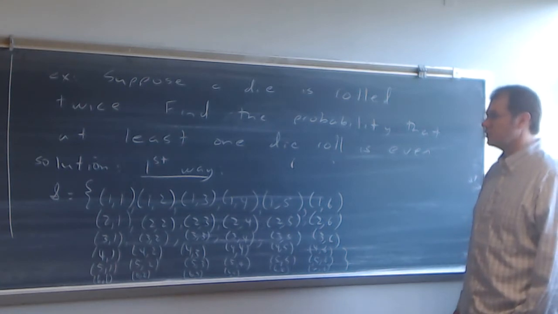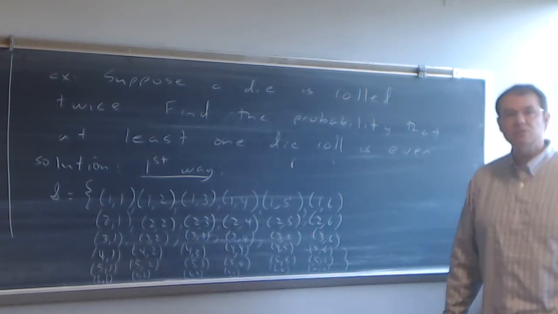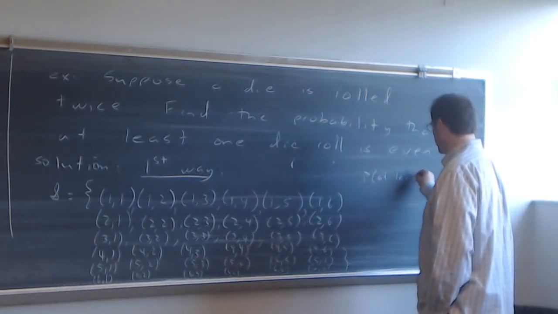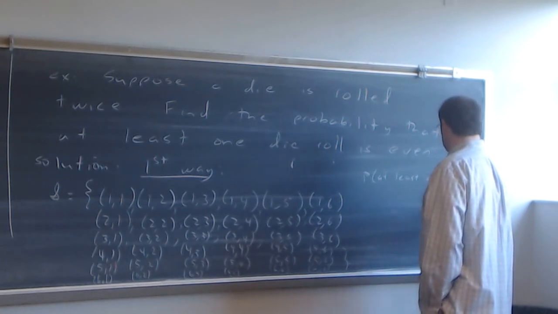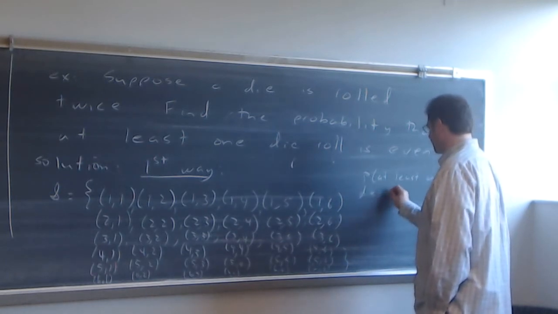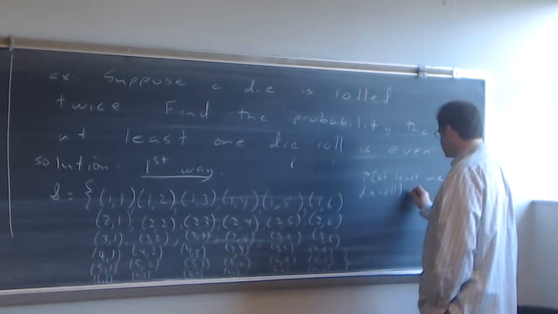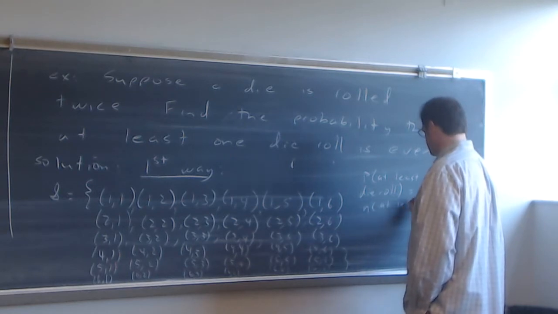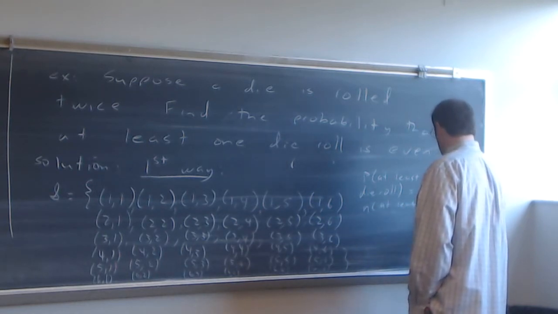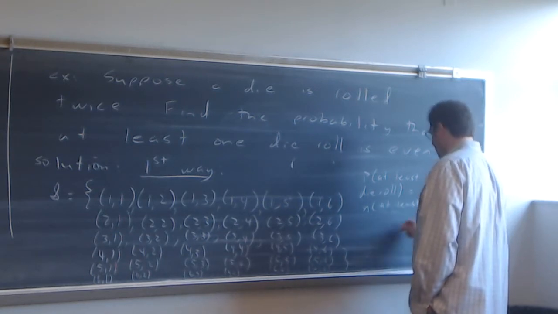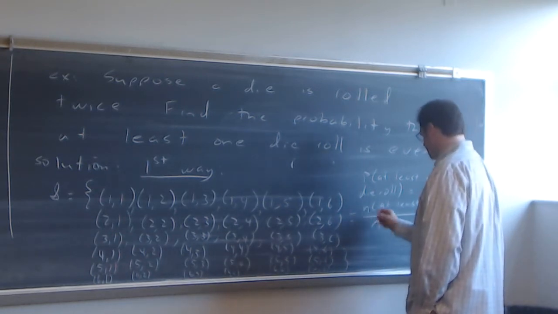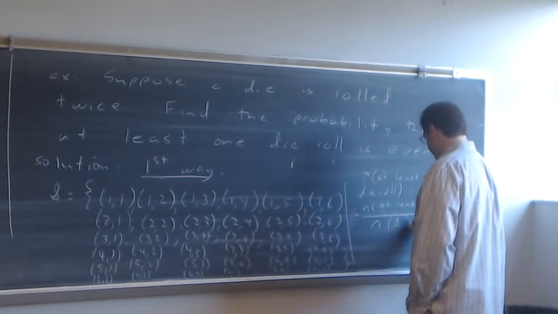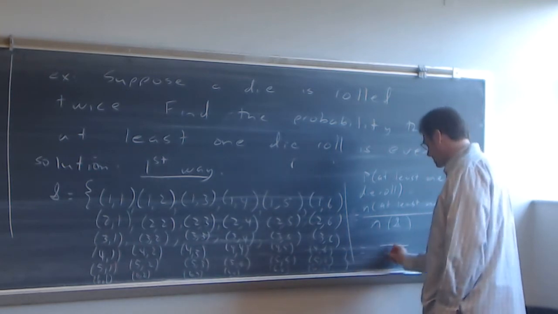So in the first way, I'm going to use the classical definition of probability. The probability that at least one die roll is even is equal to the number of outcomes that have at least one even die roll over the number in the sample space. The number in the sample space is 36.